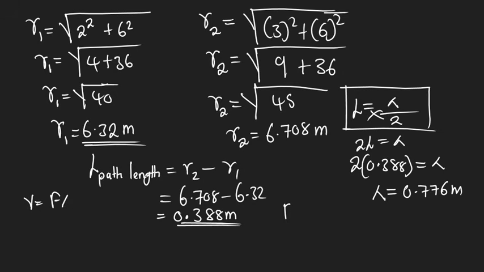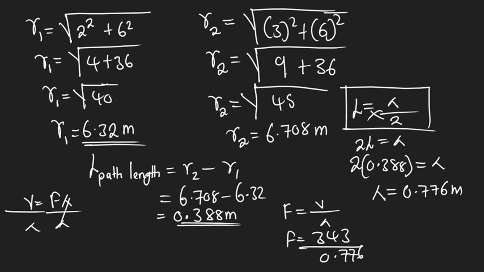Now you know that your velocity is equal to frequency multiplied by wavelength. So your frequency is going to equal the velocity over the wavelength. What is velocity? It is 343 over 0.776. So 343 divided by the answer. Let me check properly to ensure that we are really getting something.